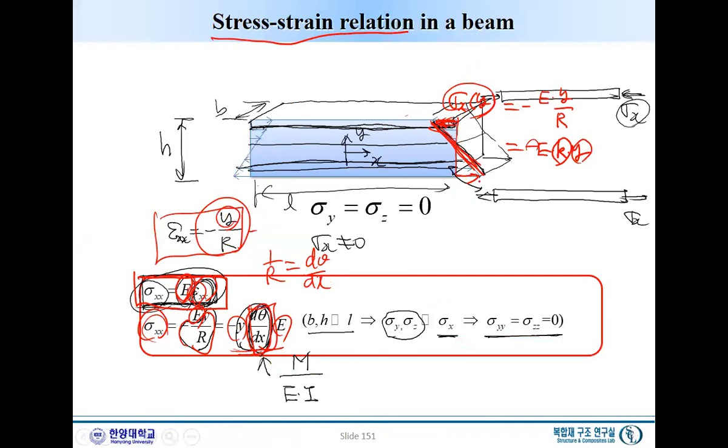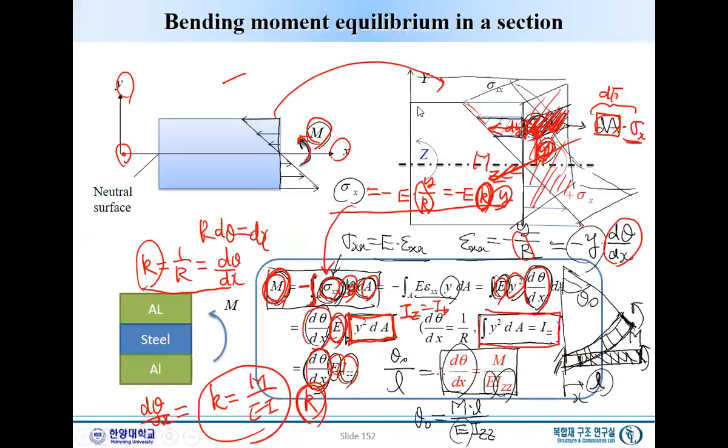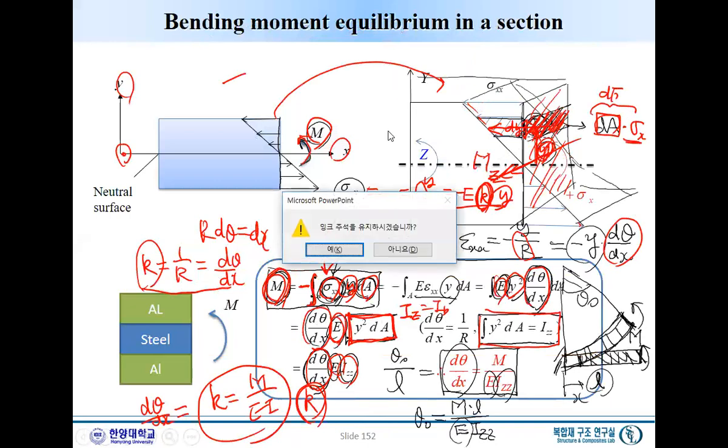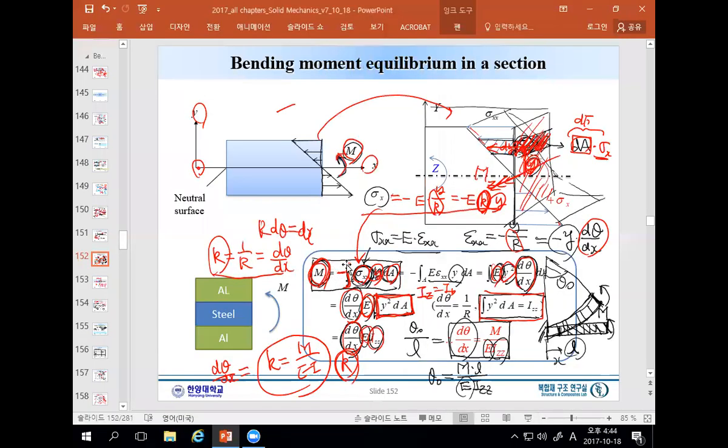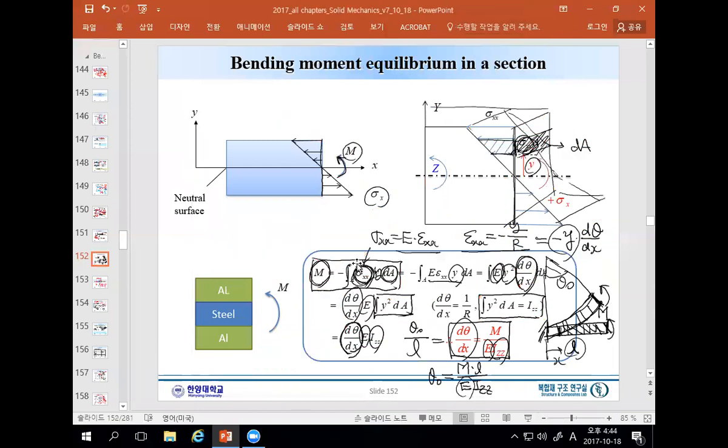But what we don't know is how much this magnitude is. In other words, let's go to the next step, and this one is the final one.